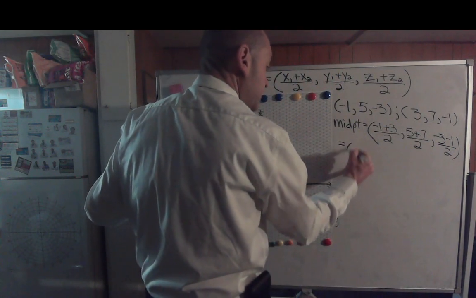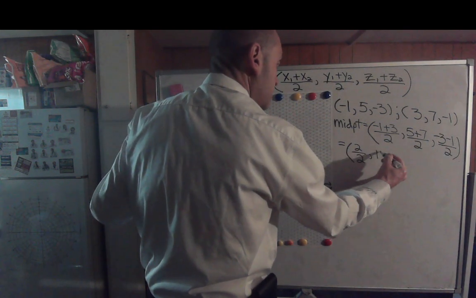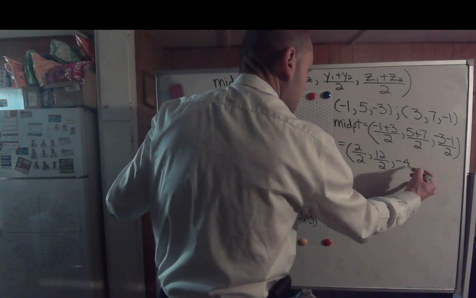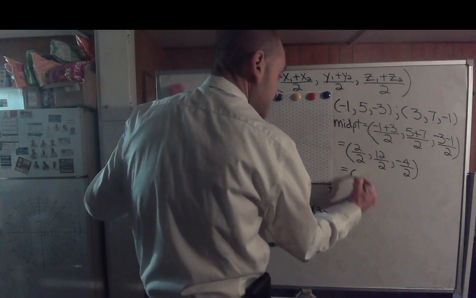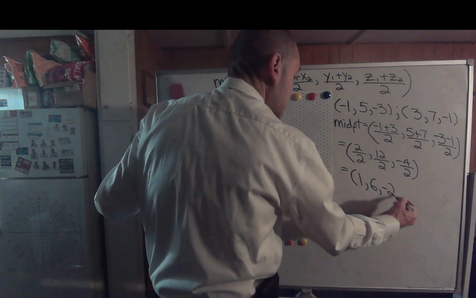This will simplify into 2 over 2, 12 over 2, and then -4 over 2. So your midpoint itself should be at 1, 6, -2.